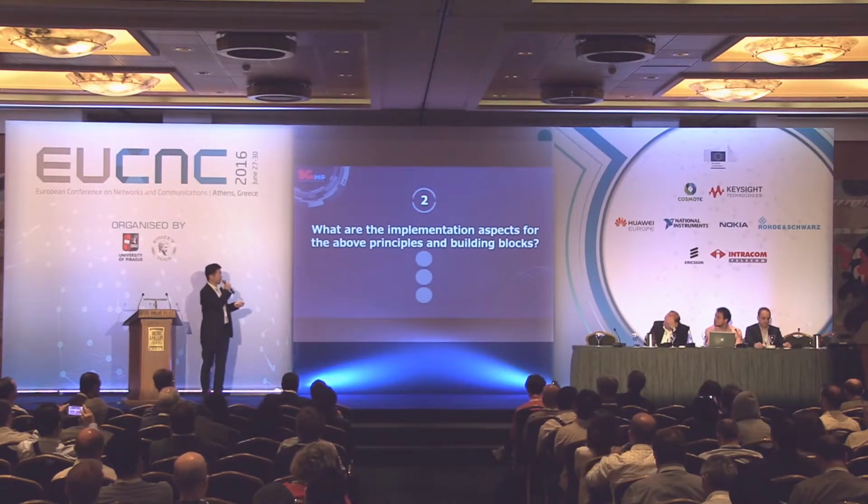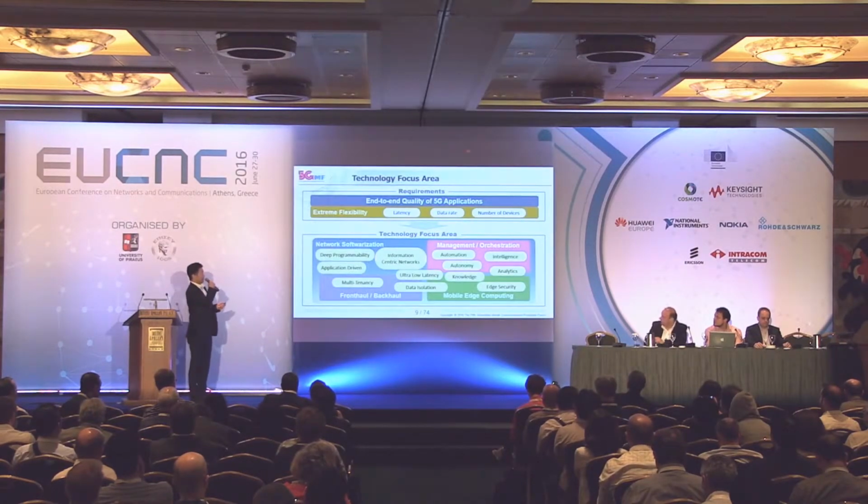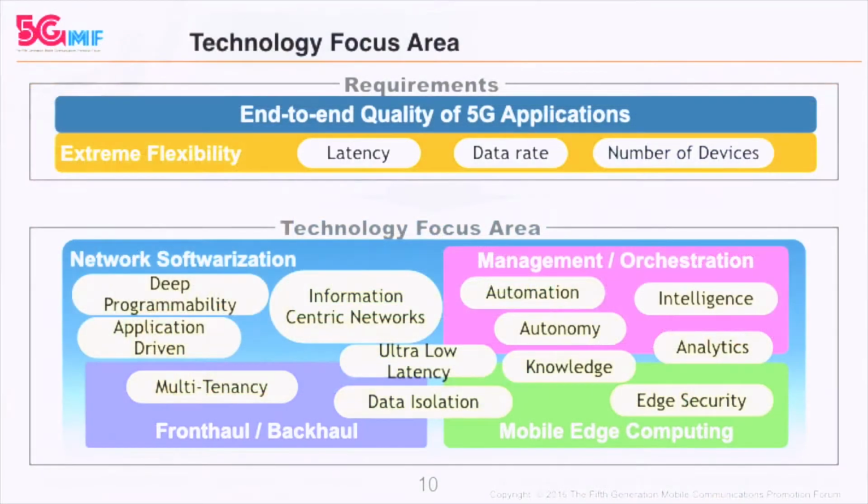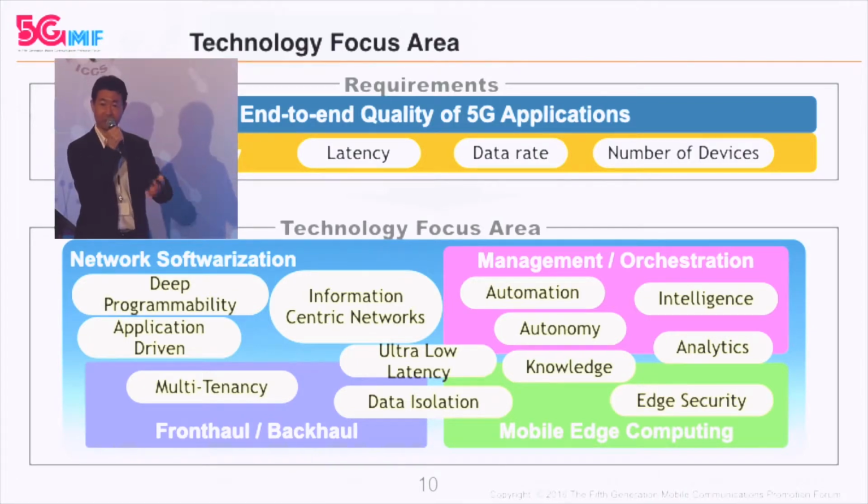We came up with this picture. So we think that application is on the top, and we have various latency requirements, data rates, mobile devices, and even more. But in order to support that, at the very background we need to have softwarization technologies. We need to be able to flexibly program the infrastructure.